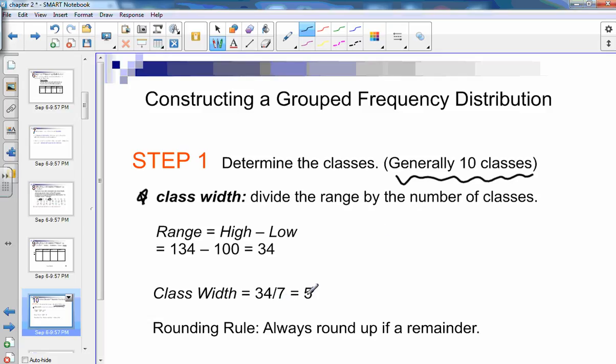When you divide 34 by 7, it comes out to a decimal. To get the class width, always round that number up. If it's a decimal, always round it up. So in this case, it rounds up to 5, so our class width is equal to 5.